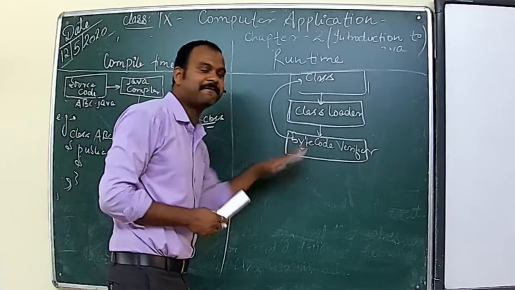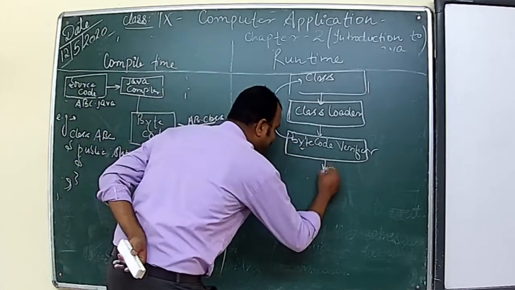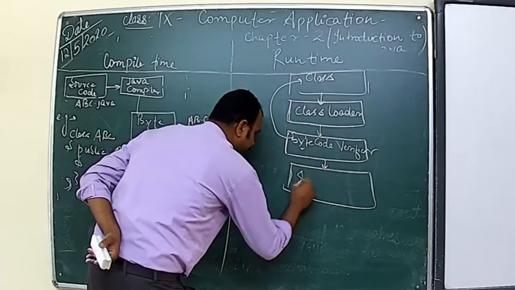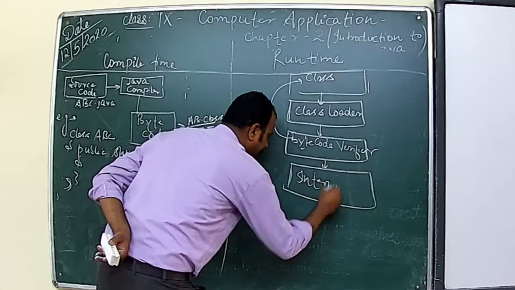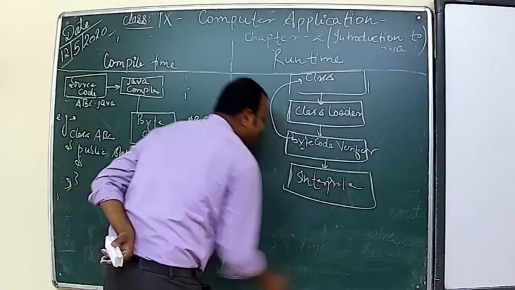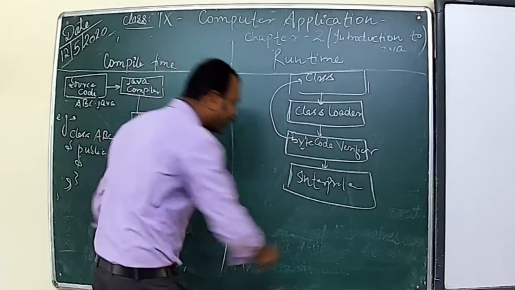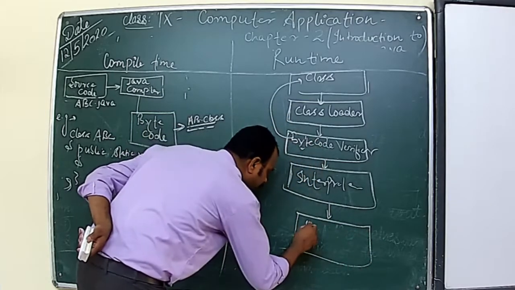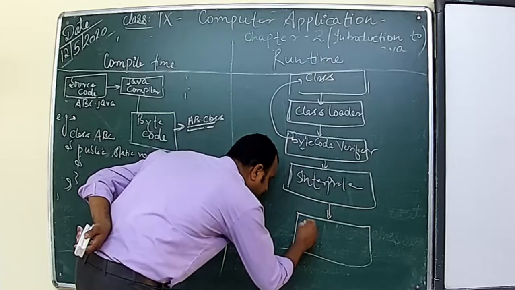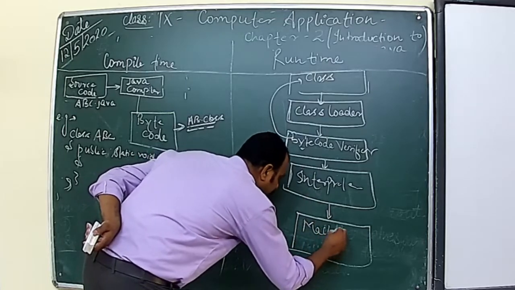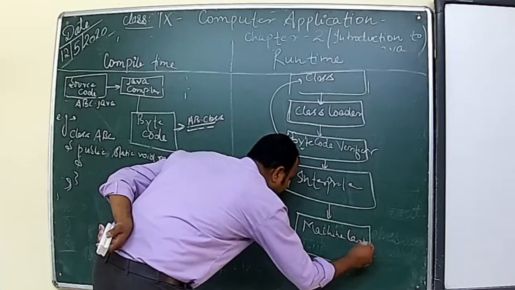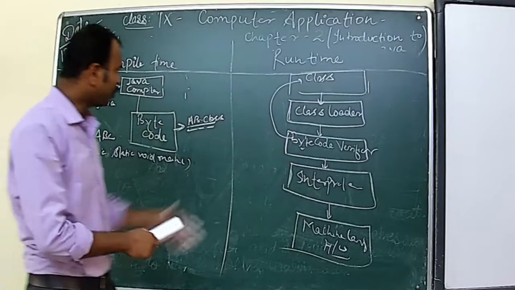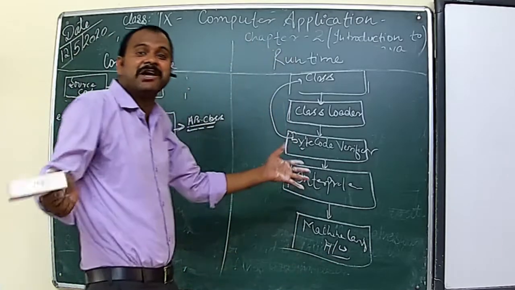After verifying, the JVM, which means the interpreter, will interpret this bytecode and execute it in machine language, or you can say on the specific hardware. So this is what happens inside the JVM.